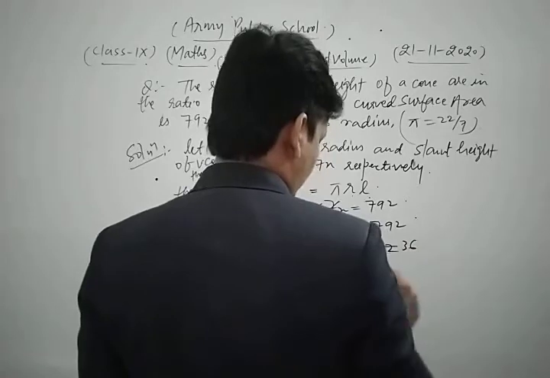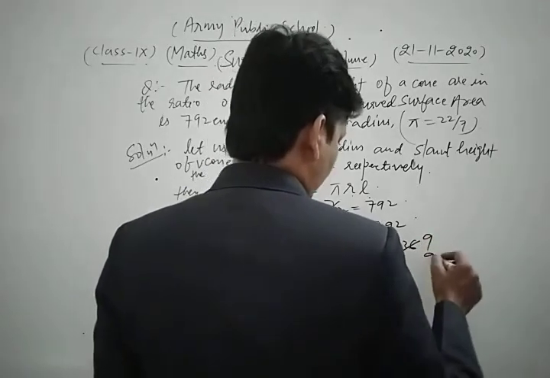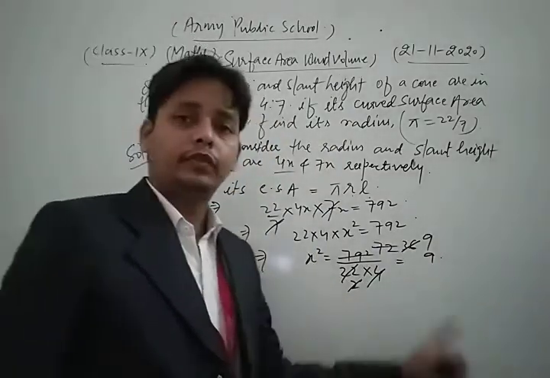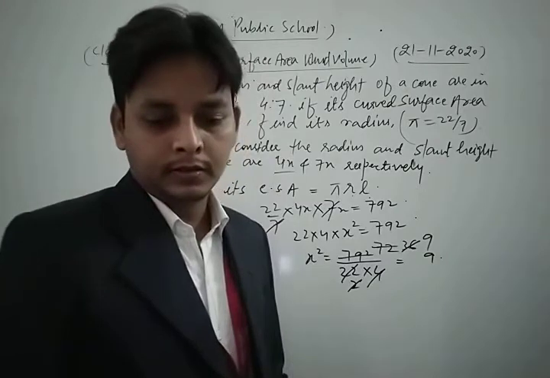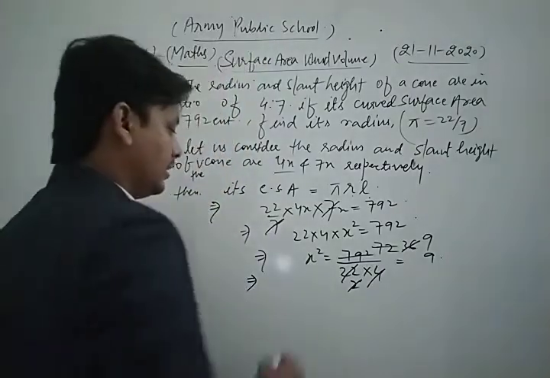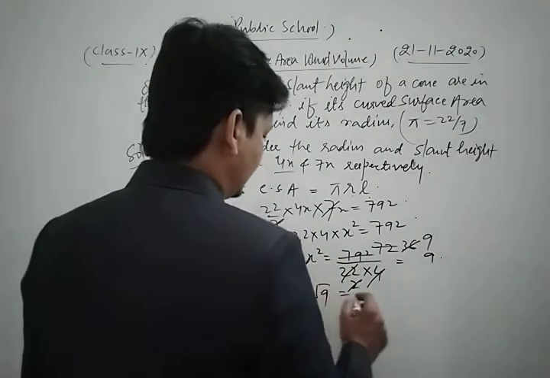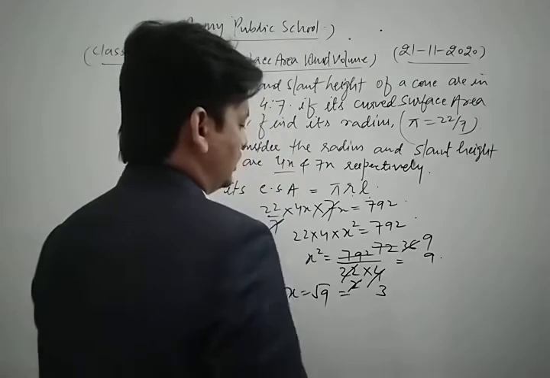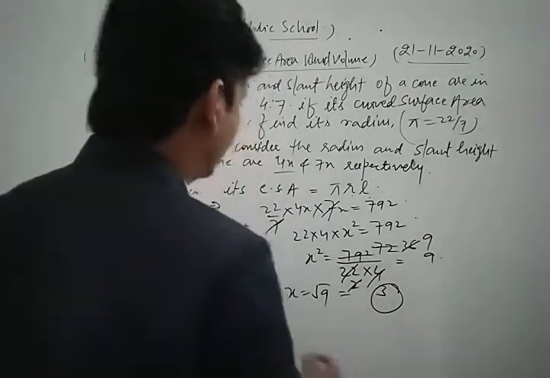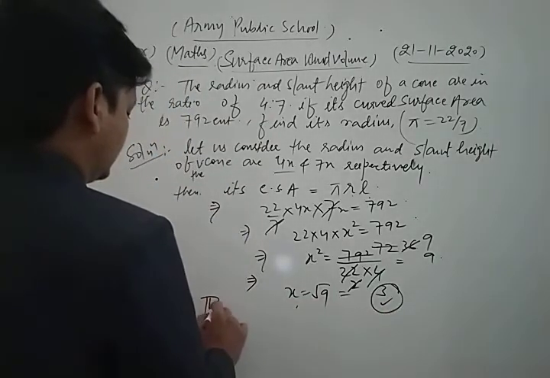So we get 9. The value of x square is 9. Thus the value of x is under root 9, that is 3. Thus dear students, the value of x is 3.